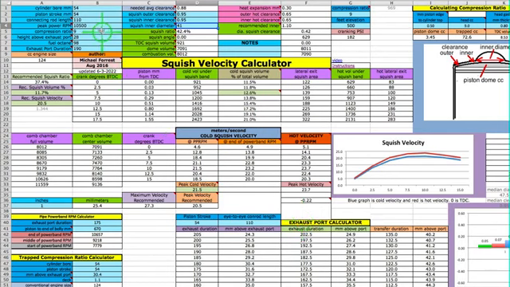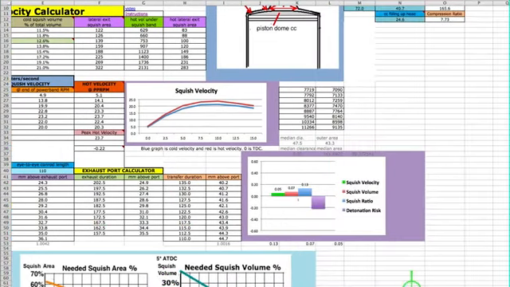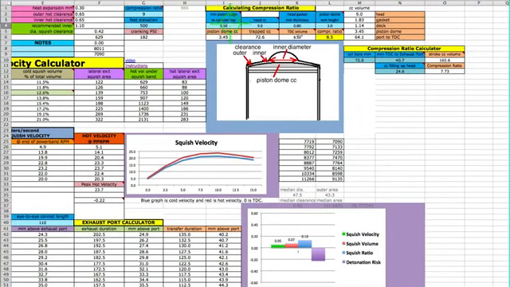So if you don't know what your compression ratio is, you can use this calculator right here, or this one right here, or this one right here. Which is easy enough. It's just measure the distance above the exhaust port minus deck.